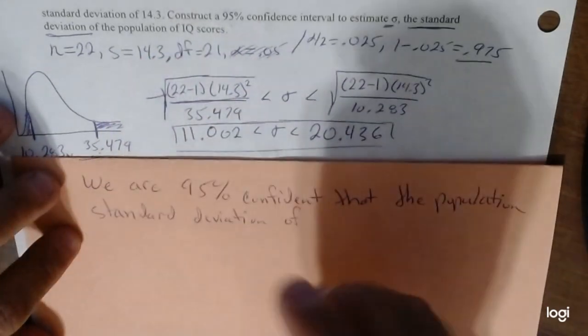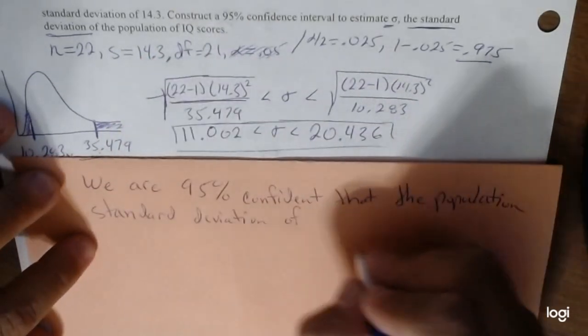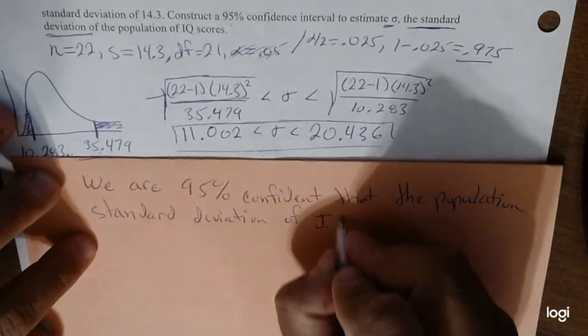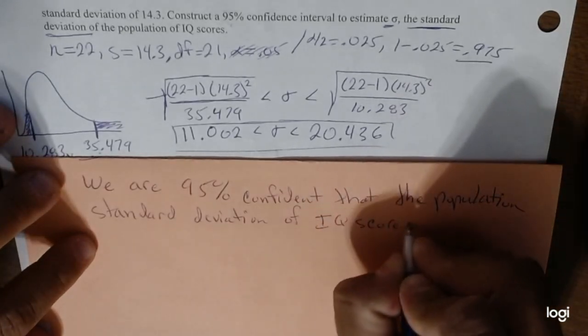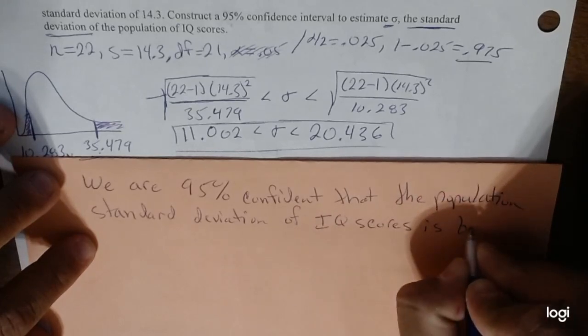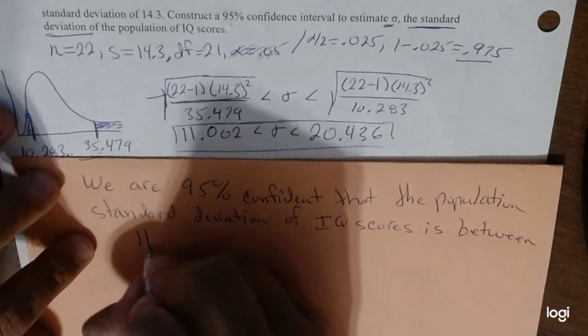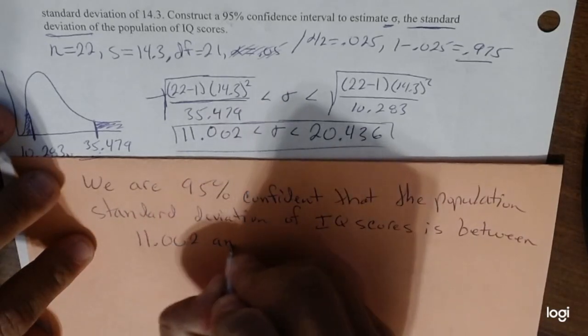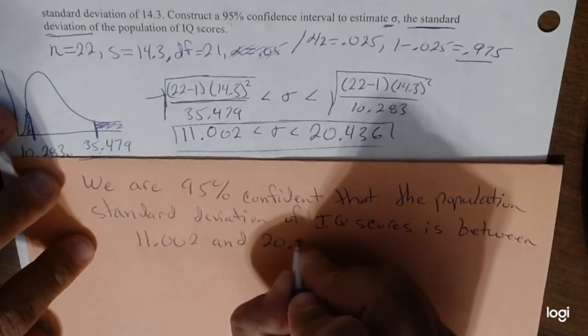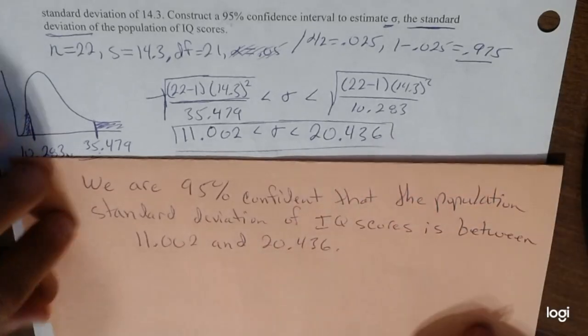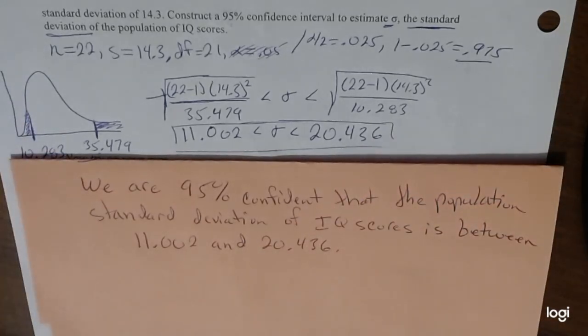What are we actually talking about? The IQ score. So standard deviation of IQ scores is between, and now we write our numbers, 11.002 and 20.436. And that finishes the problem here.